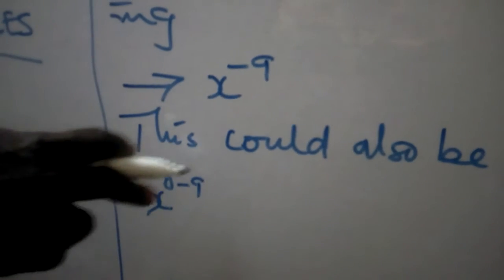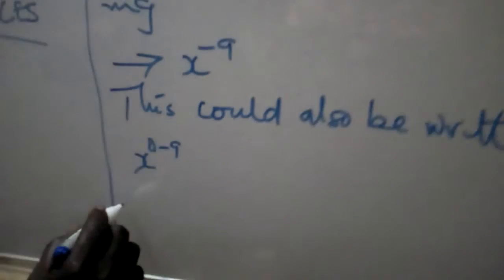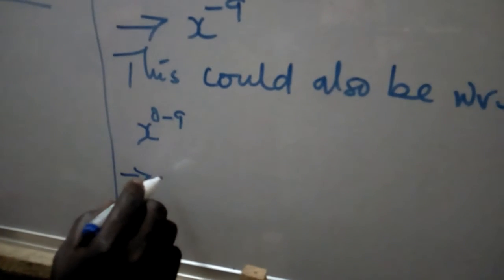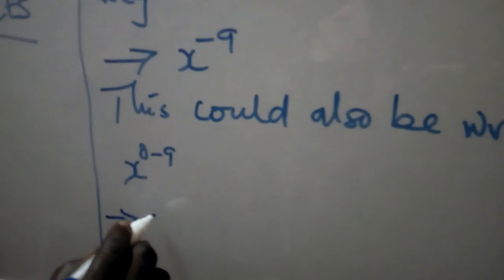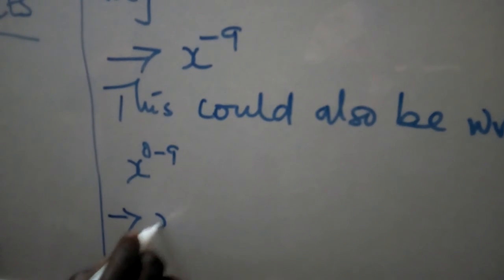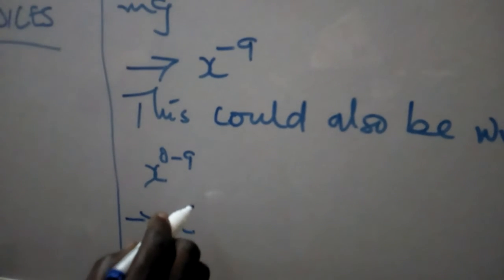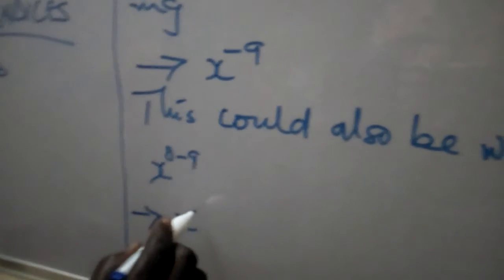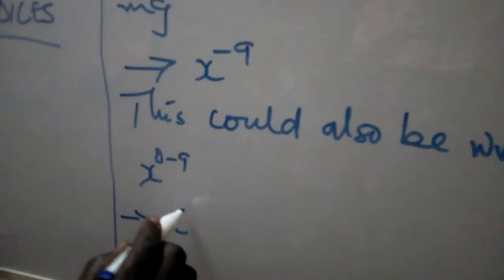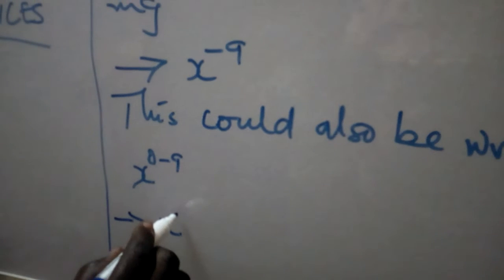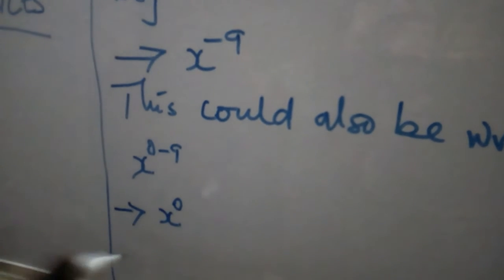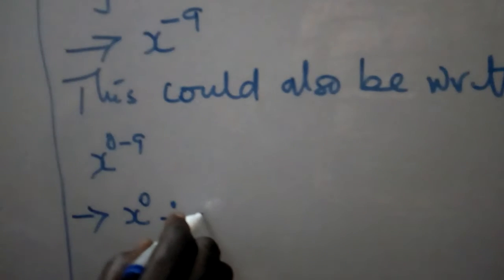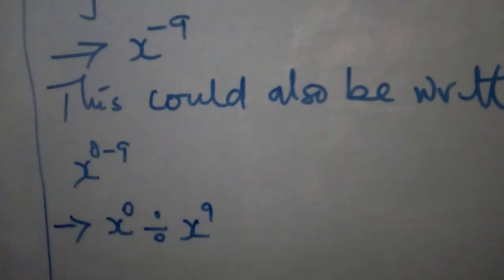And when you have x to the power of 0 minus a, this could further be written as x to the power of 0 divided by x to the power of a.